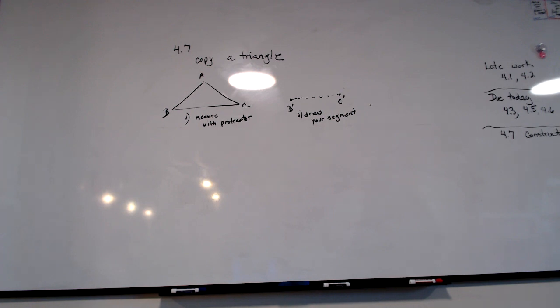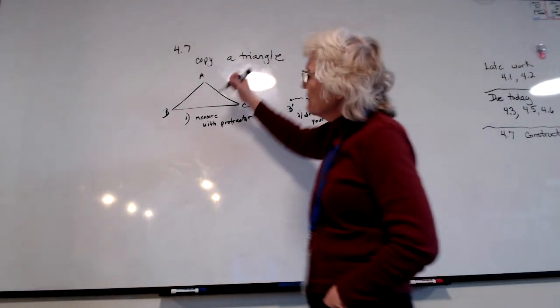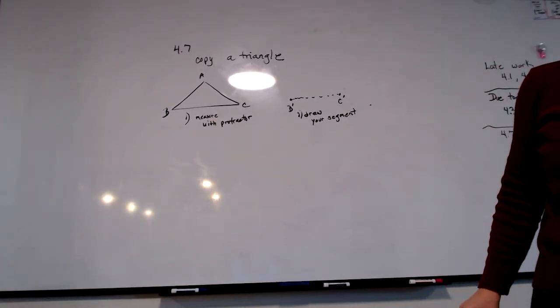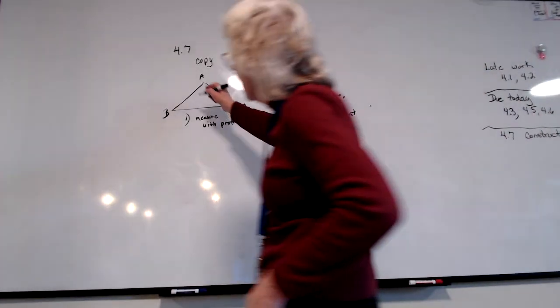Length AC. So what you're going to do is, did I label this correctly? No, I didn't. Okay. So the next thing you want to do then is measure this side.